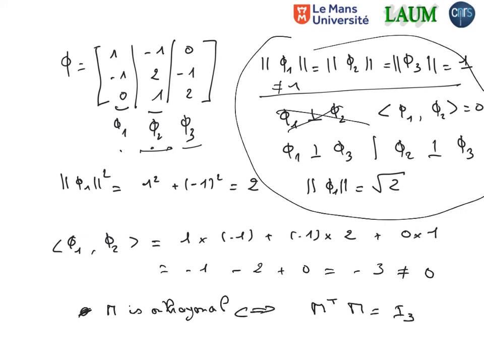In other words, M minus 1, the inverse of M, is equal to its transpose. This kind of matrix is very interesting, because one difficult operation with matrices is to compute the inverse, and if we just have to transpose, this means to swap rows and columns, which can be done very easily.